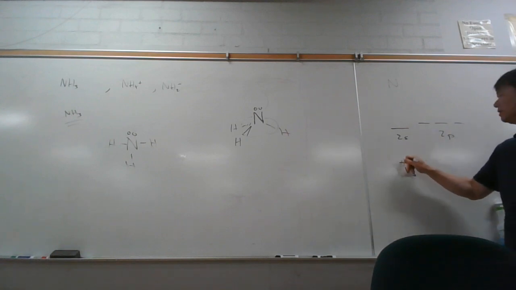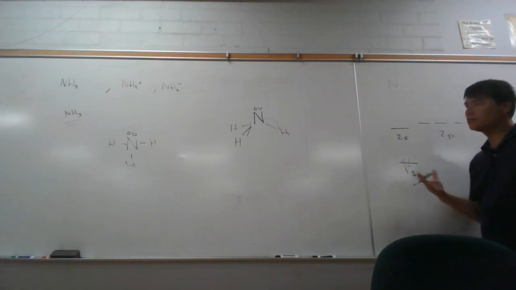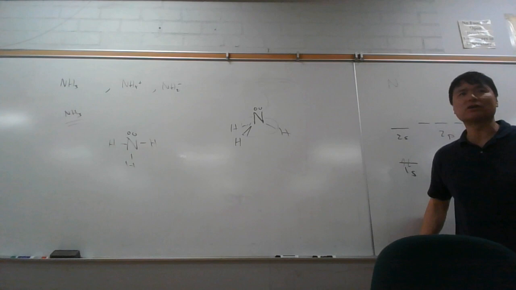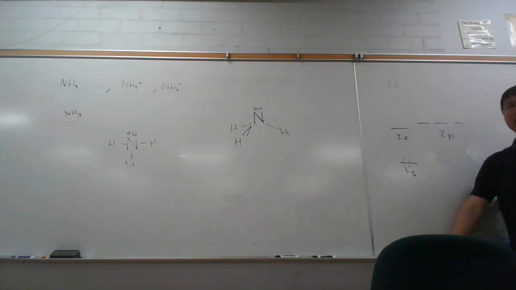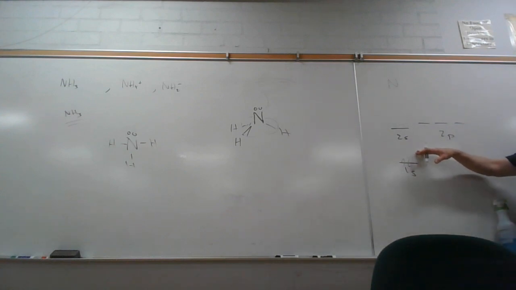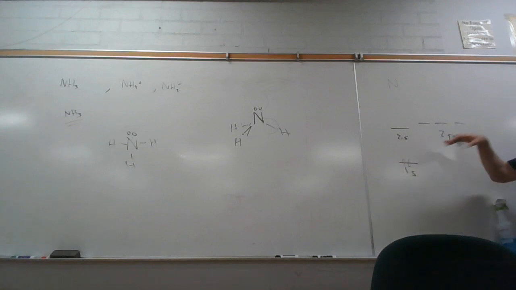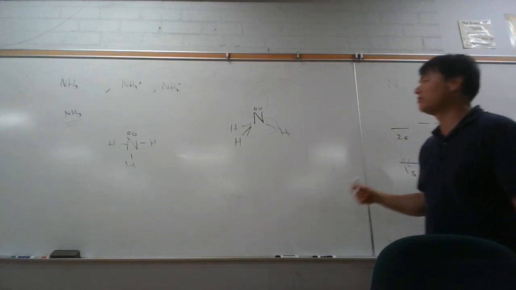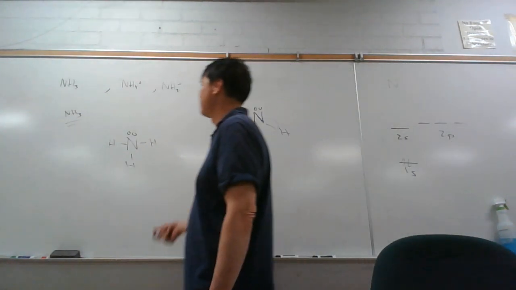So we go 1, 2. Now it has 7 total electrons. How many valence electrons does it have? It's going to have 2 core electrons and 5 valence electrons. That's normally what it has, 5 valence electrons.